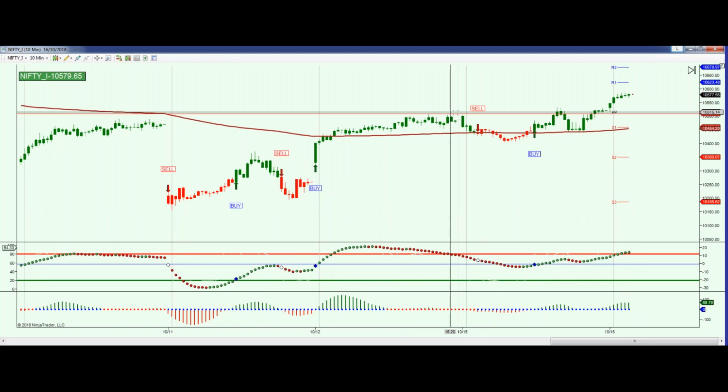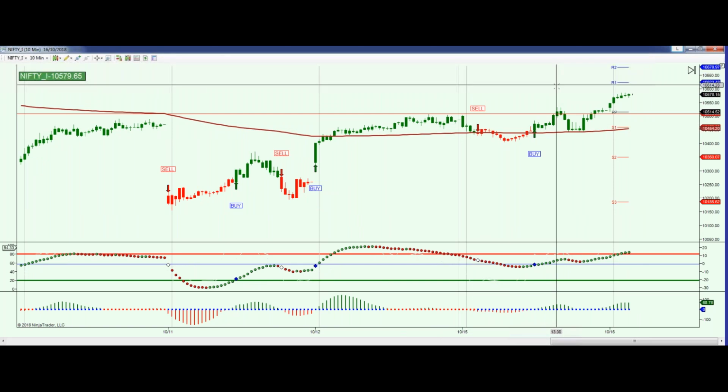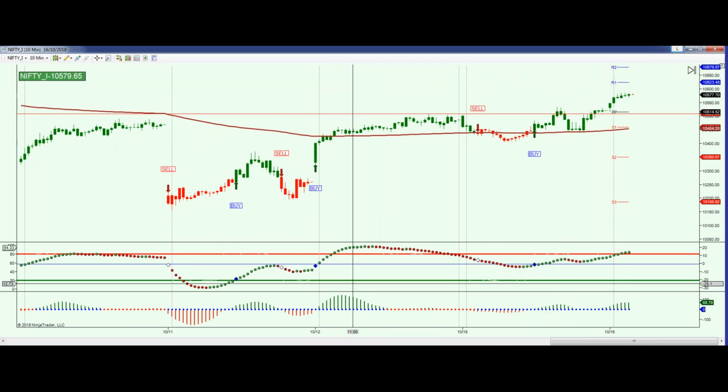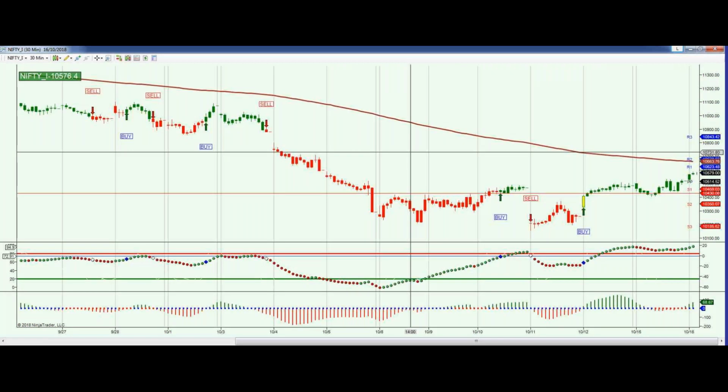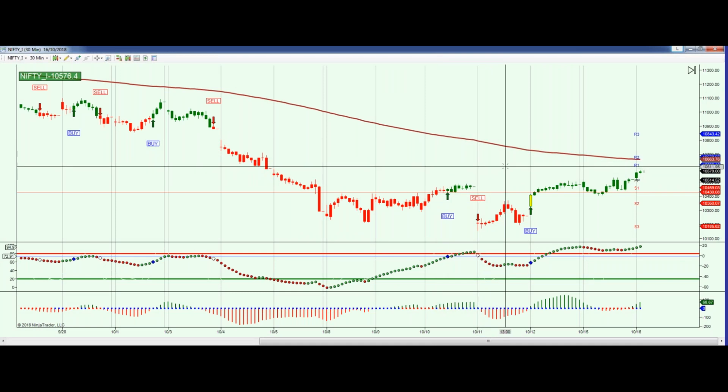This is a 10-minute chart where a buy call gets generated, so your profit can go to 10,620 Nifty if it goes up. And I have another chart of Nifty, that is my 30-minute chart, a long-term trend. You can see there is a very strong resistance here, so there is a possibility of it hitting 10,620.